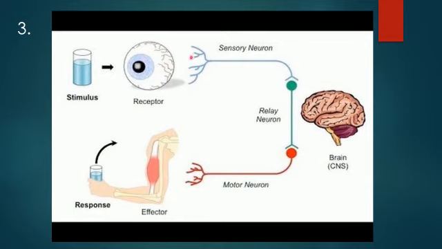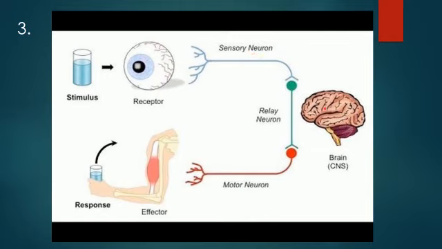This is also one of the interesting examples. If you are thirsty and there is a glass of water in front of you, what will happen? The eye will receive the message of the presence of the water. Through the sensory cells or neurons, this message will be sent to the brain.